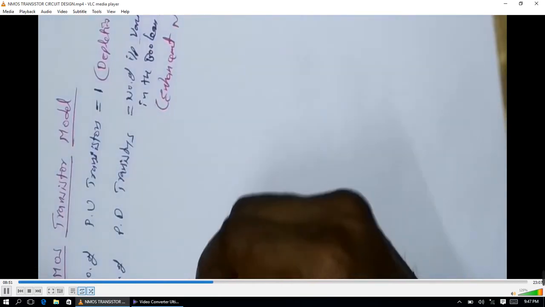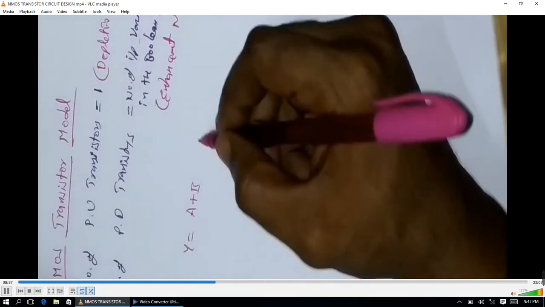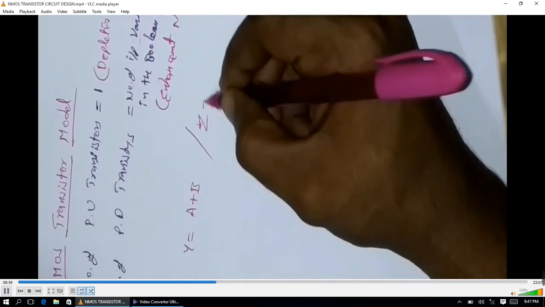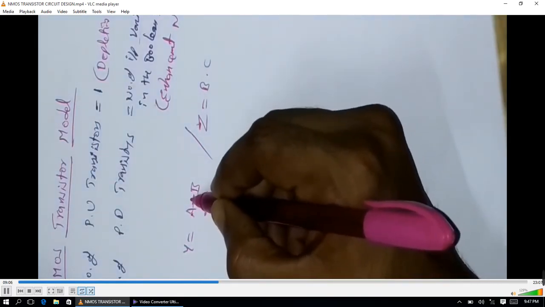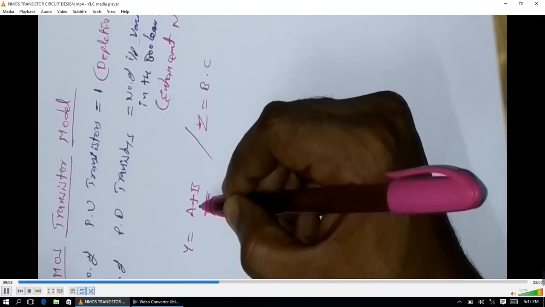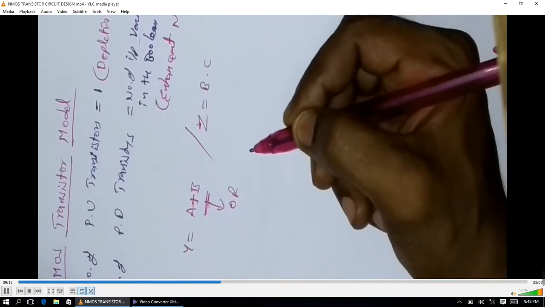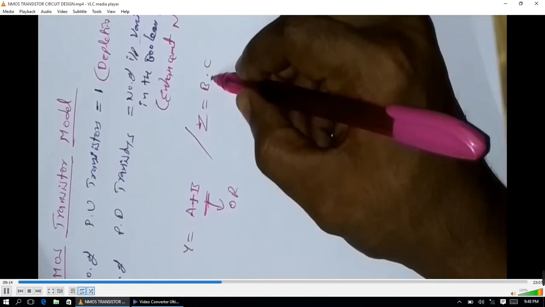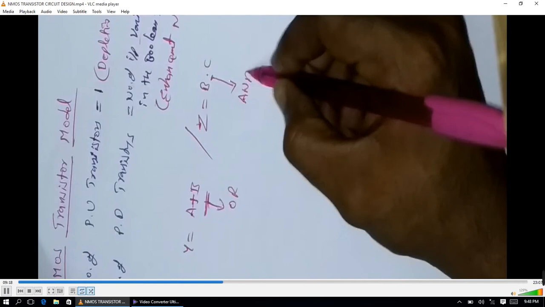For example, if a Boolean expression is like Z equal to A plus B, or Z equal to B into C, what is the operator between A and B? That is plus. Plus indicates the OR operator, and a dot indicates multiplication, which is the AND operator.